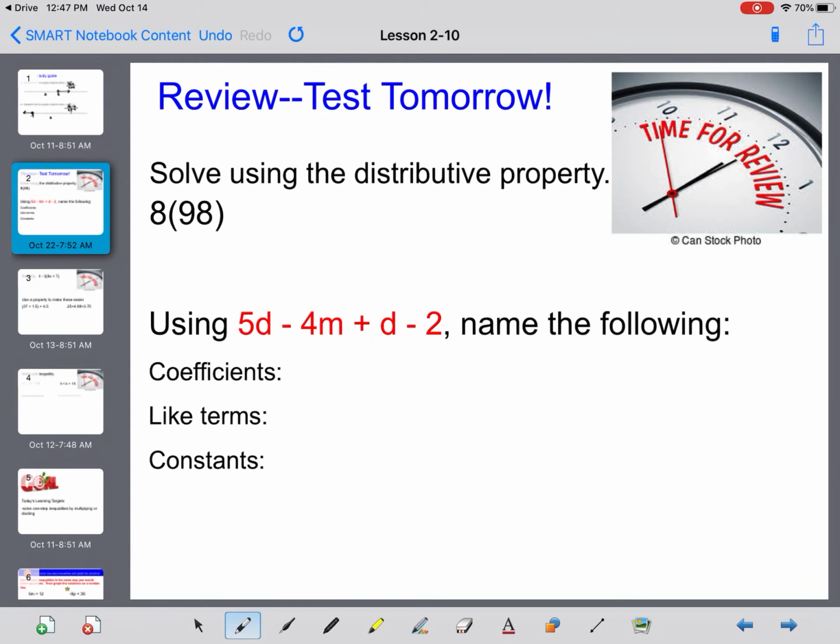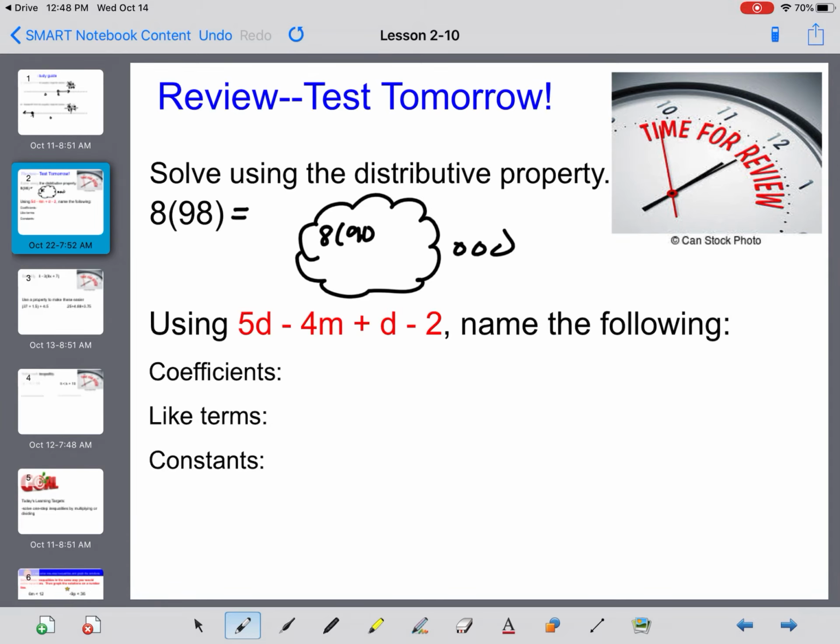Solve using the distributive property. Now, you could do this in long multiplication. However, you could break apart the 98 and think of it like this. Now, this is kind of all in your think bubble. This is what's happening in your head. So let's break apart 98 to be 90 plus 8.